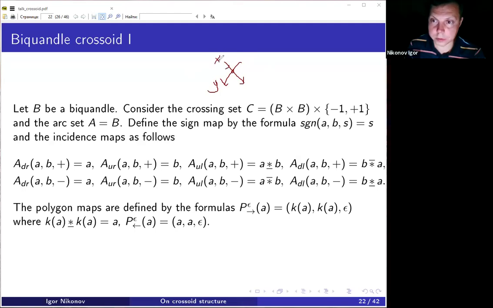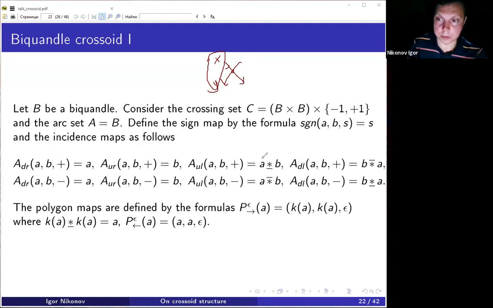So the pair of these colors, these elements of the biquandle, which cover all the incident edges, describes the color of the crossing. So we say that the pair of colors x and y is the color of the crossing, (x, y), and the sign of the crossing. So in this case, we have this description of the color of a crossing by elements of the biquandle, and then we can write down the incidence maps.